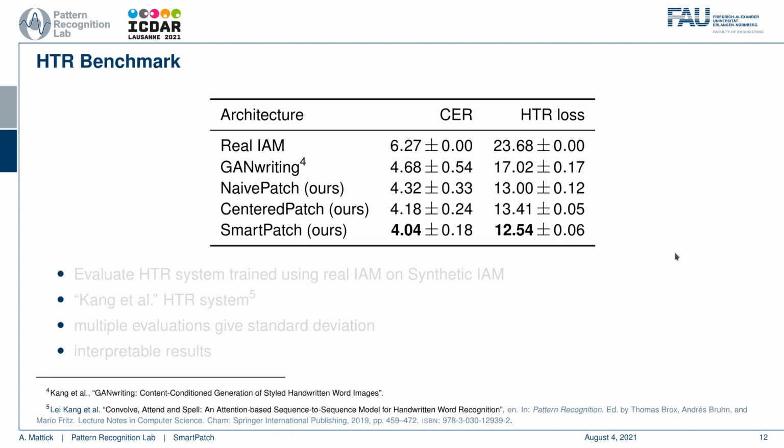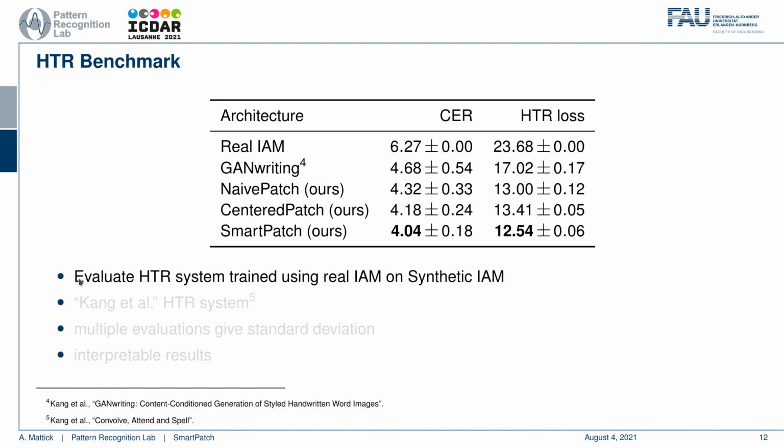One way we try to solve this is by introducing a new benchmark, which we call the HDR benchmark. The idea is we evaluate an HDR system that is trained on the real data on our synthetic dataset. To do that, we use Kang et al.'s HDR system, which we chose because it's a state-of-the-art system, and also it's different from the one that's used in GANwriting.